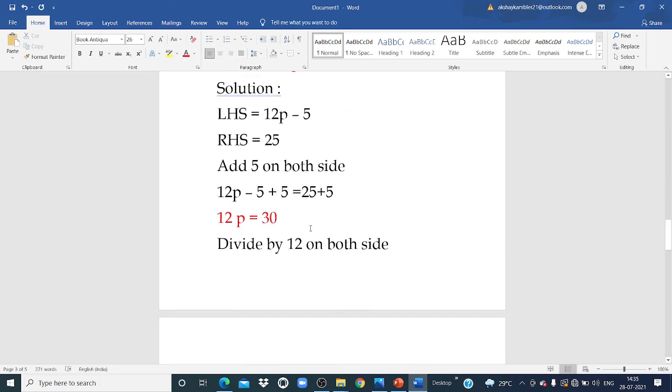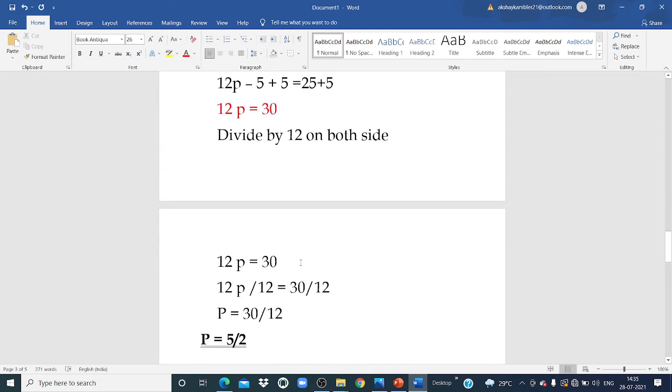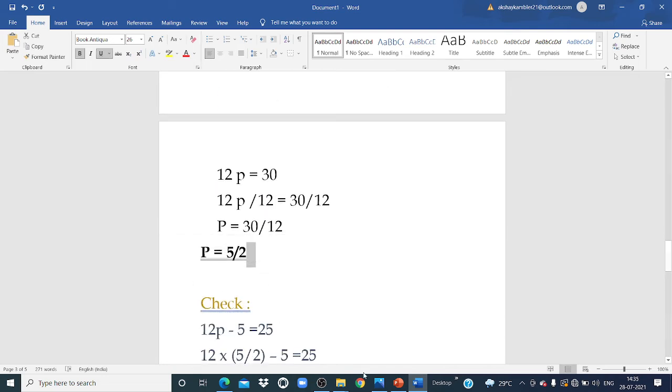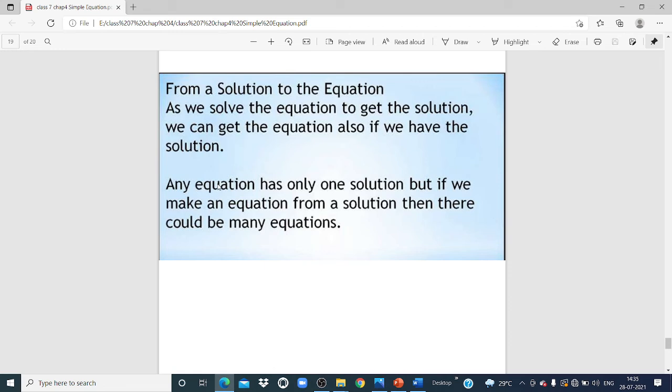And when we solve this equation, we get only one answer, that is 5 by 2. Clear? Any equation has only one solution, but if you make an equation from a solution, then there could be many equations. So from a single solution, you can write so many equations.